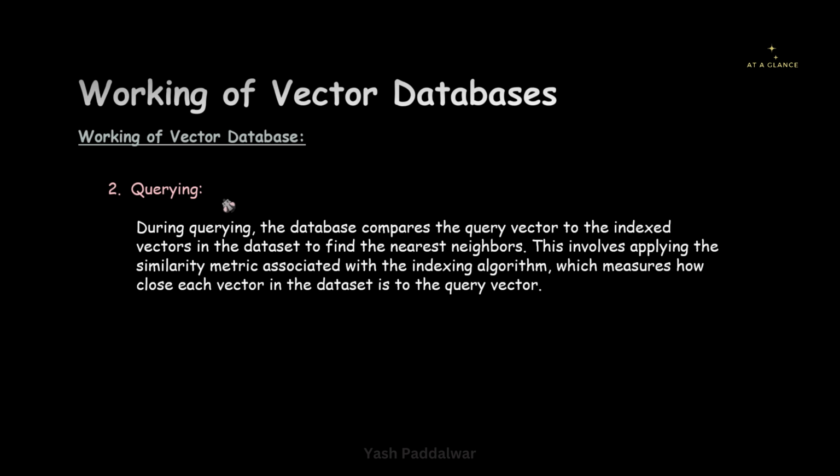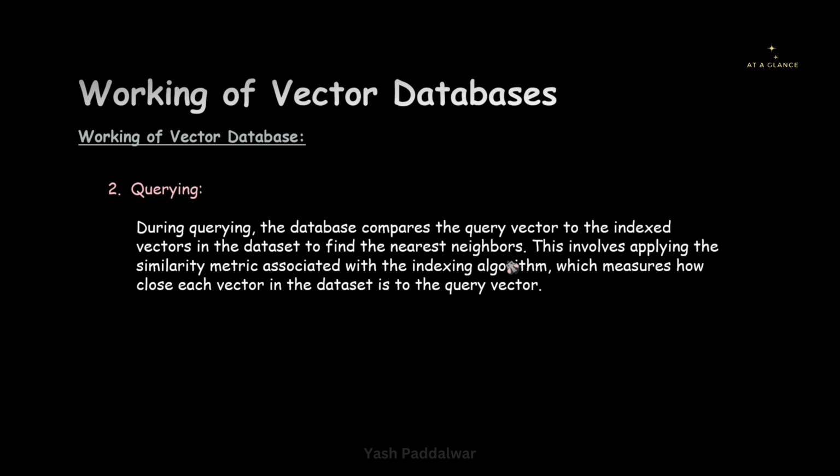So during the querying step, the database compares the query vector, the query fired by the user, with the indexed vectors present in the dataset to find the nearest neighbors. This involves applying the similarity metric associated with the indexing algorithm.